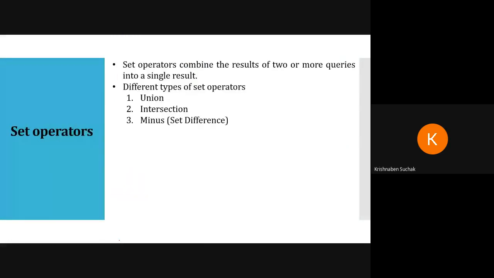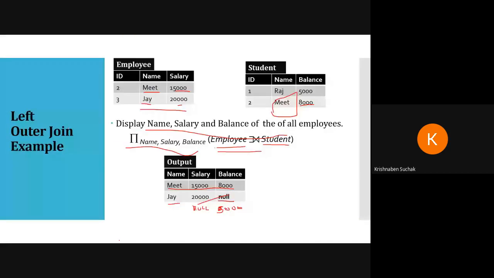Let us first have you answer this. What if I display full outer join rather than left and right outer join? What will be my output? Write that in the chat box. Meet, Jai and Raj. Yes, Anjan. Okay, Vartika. Which values will be null? If I write all these three names, in which tuple do I write null? Raj's salary will be null.